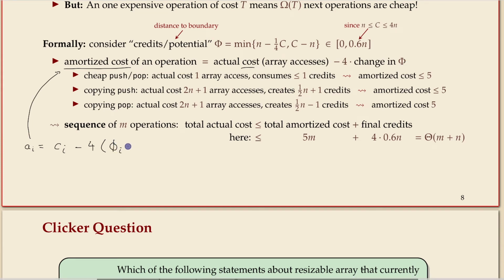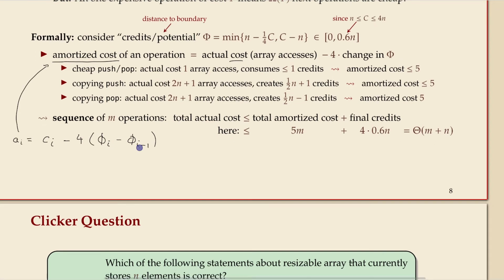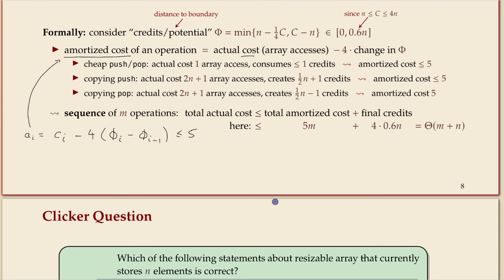So I'll write phi_i to say this is the potential after the ith iteration, and phi_{i-1} is the potential before that operation. So that's just a way to assign names to these different parts so that we can work with them in the formula. What we'll show here is that this is at most 5 in all those cases. We'll go through that in a second.